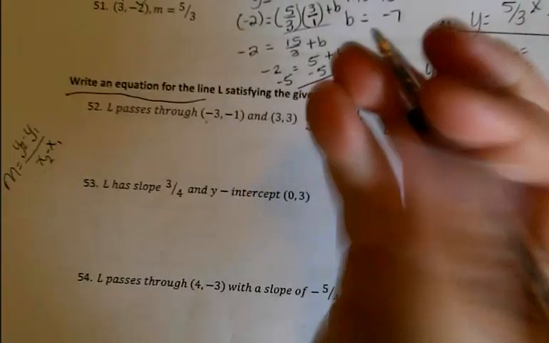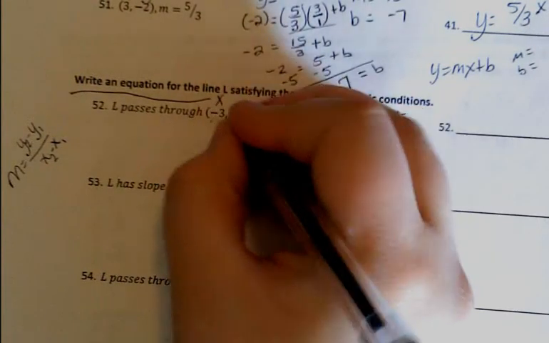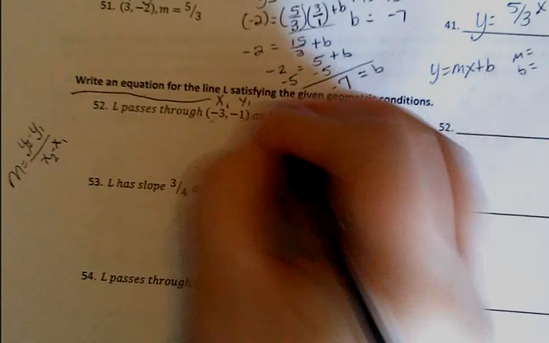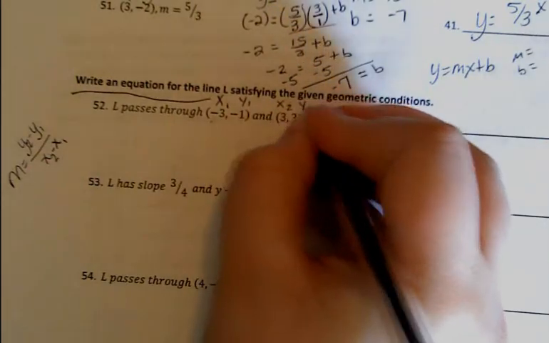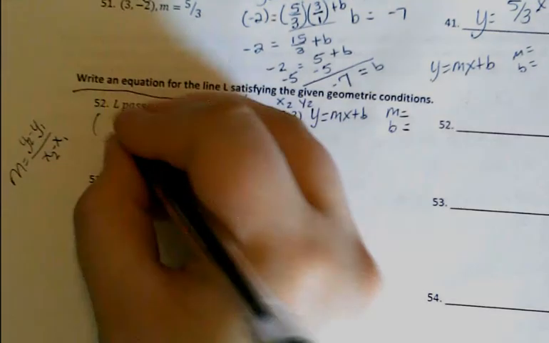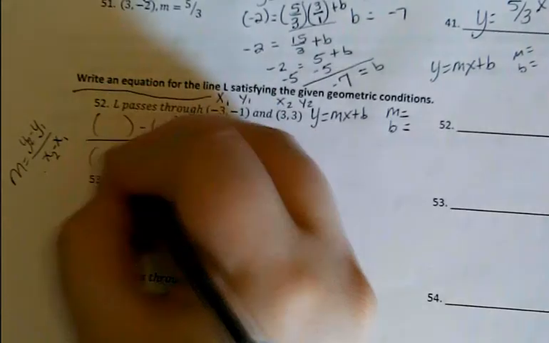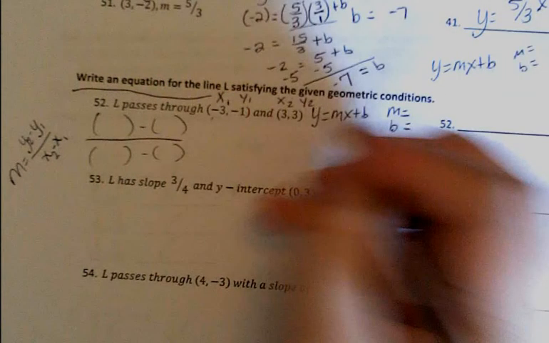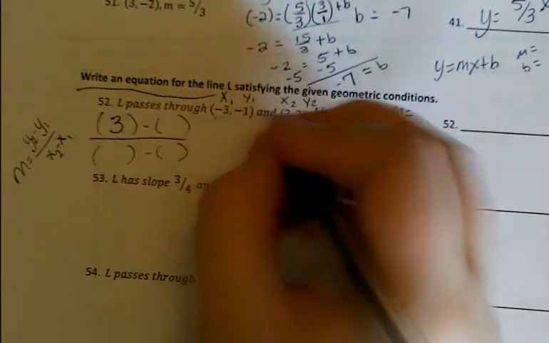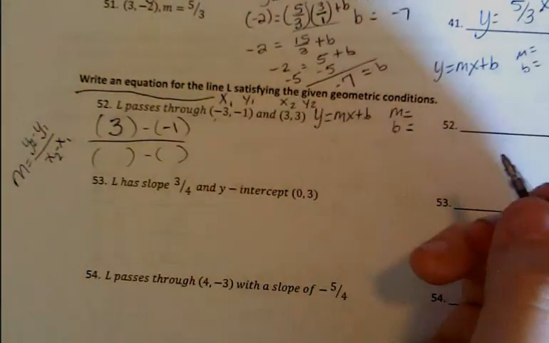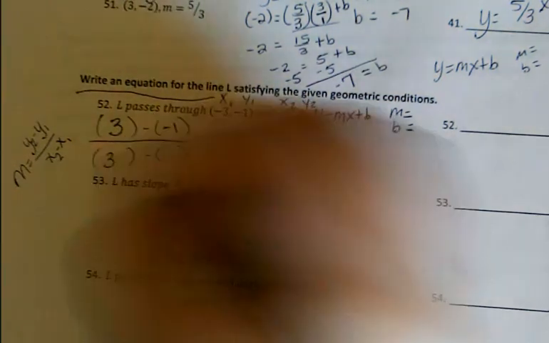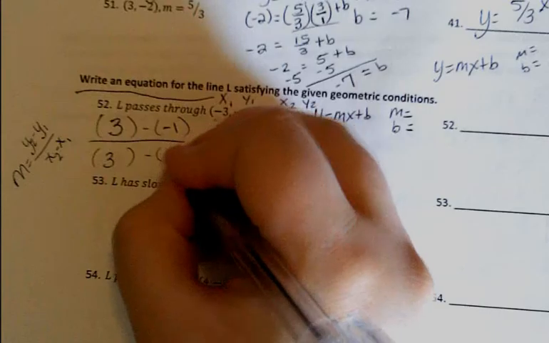So I'm going to label each of these numbers, and I'm going to plug them in here. So y2 is 3, y1 is -1, x2 is 3, x1 is -3.